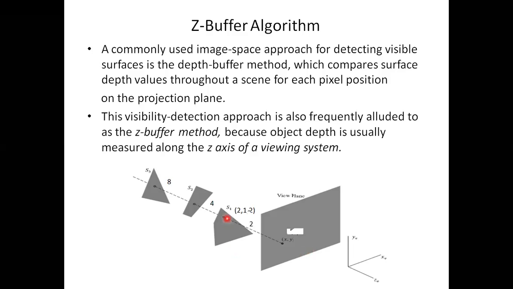Now when you come to this particular pixel, I say this particular pixel position is 2, 1, 2. That is X is 2, Y is 1, and Z is 2, that is -2. This is 2 units. As I'm looking from positive Z to negative Z, this becomes -2.